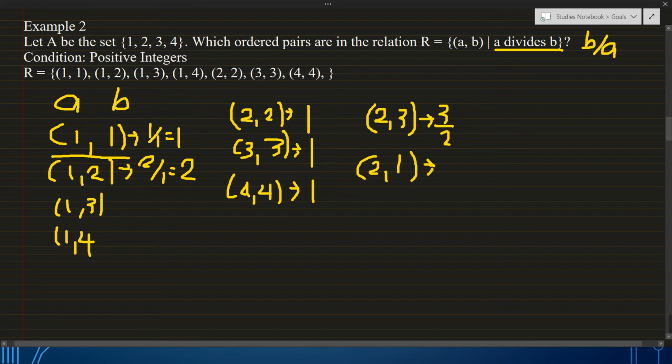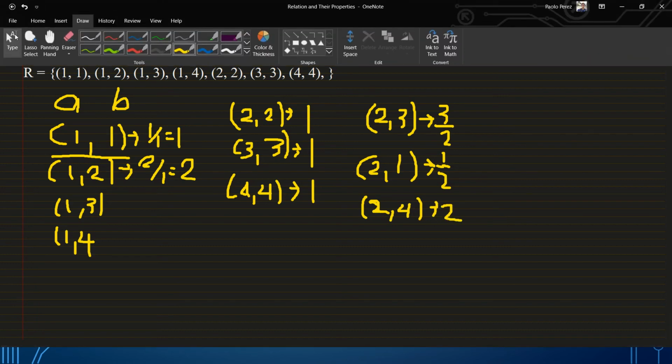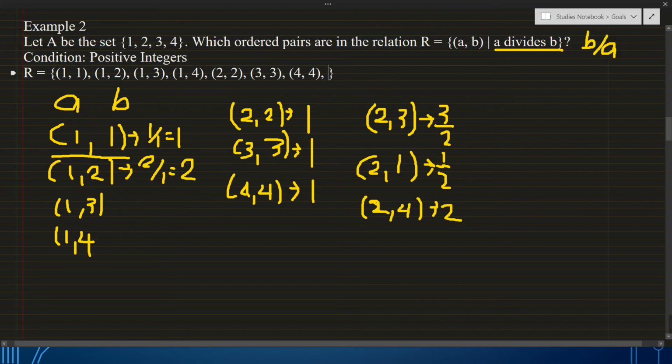No, because the quotient is 1 over 2 or 0.5. Next, can (2, 4) be included in the set? Yes, because the quotient is 2. So we type it here: (2, 4).